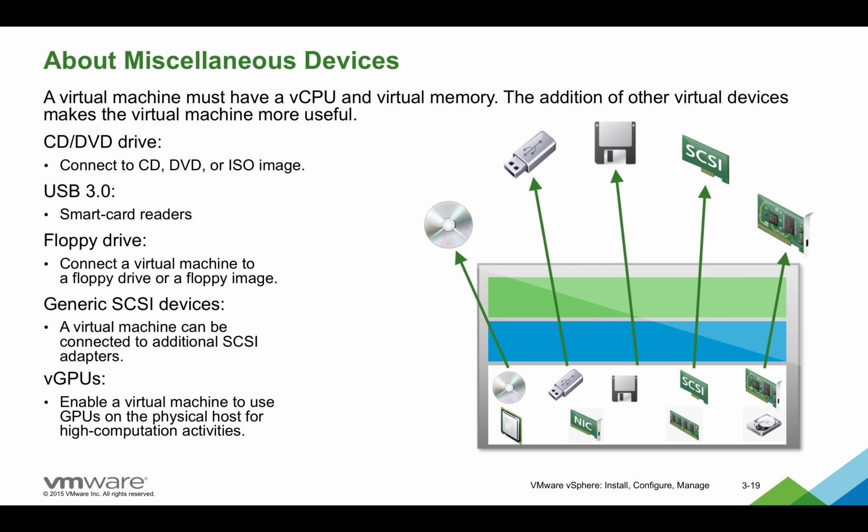So other devices that you might want to have specifically are the generic SCSI devices for connecting your hard disks and virtual NICs for networking. You also have representations for CD, DVD drives where you can connect physical CDs and DVDs from the host system or an ISO image. Also, you have the ability to connect USB 3.0 cards, smart card readers, and a floppy drive as well.